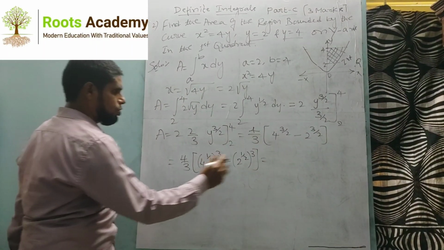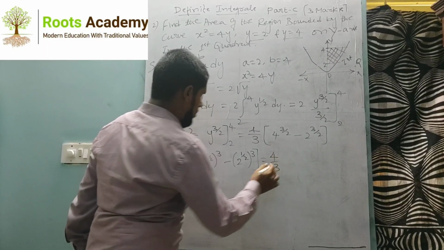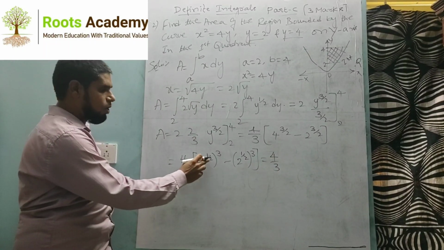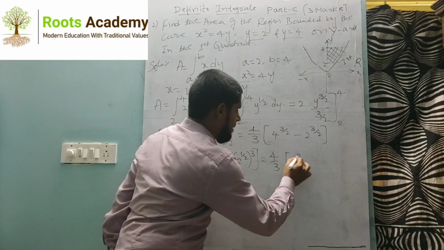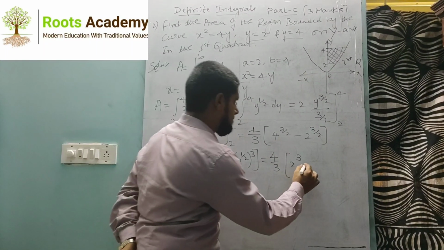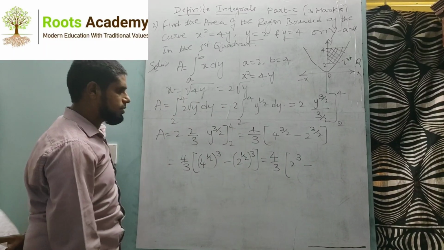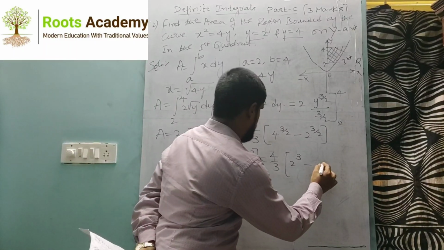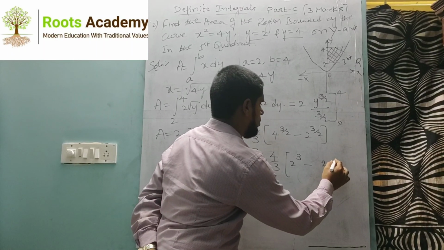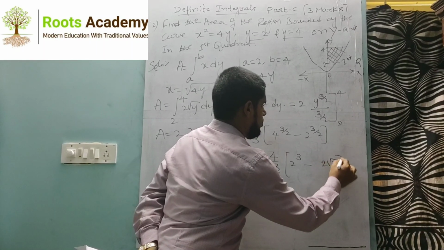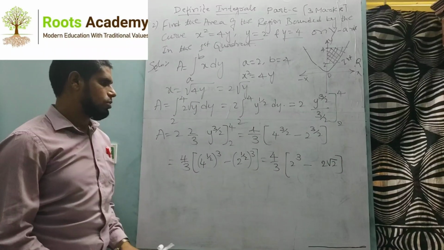Student, 4 power half means it is root 4. Root 4 is 2, so 2 cube minus root 2 power 3, which means 2 root 2.